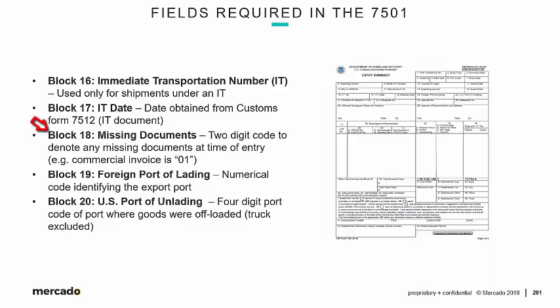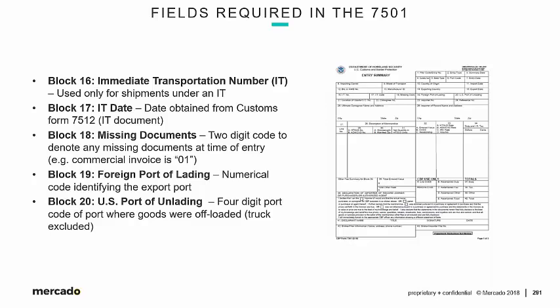Block 18 deals with missing documents. That's a 2-digit code to denote any missing docs at the time of entry. As a quick example, if a commercial invoice was missing at the time of entry, it would be denoted by a 01. Block 19, foreign port of lading.